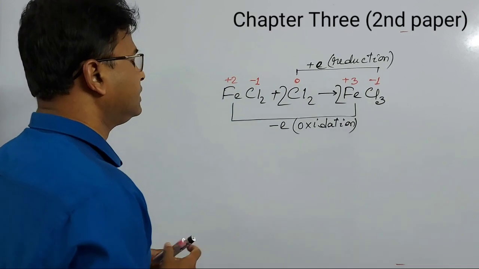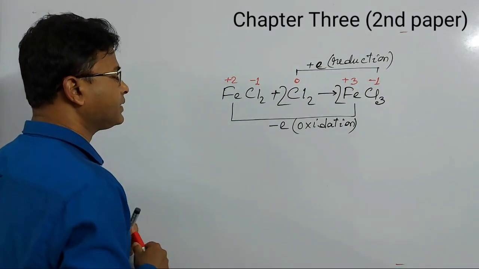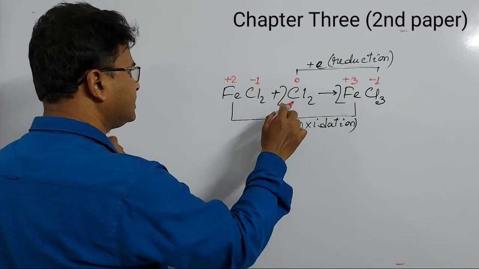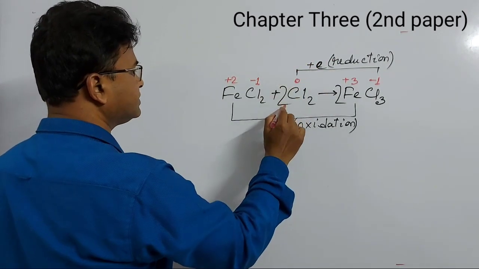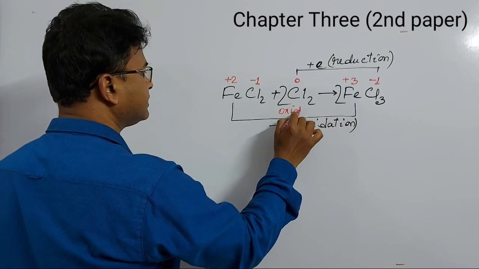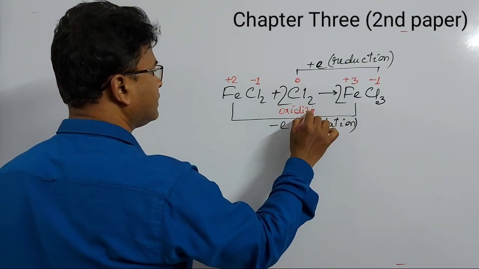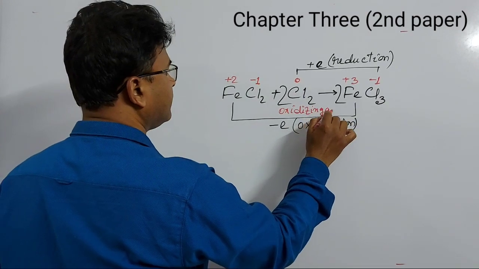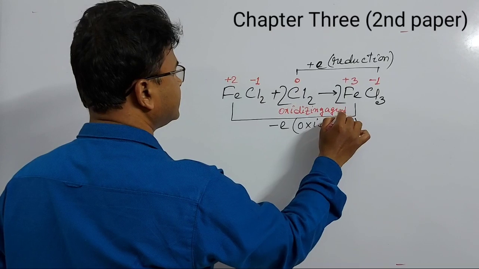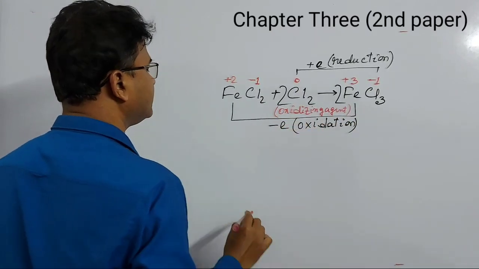And in the reduction reaction, the reactant which accepts electron is known as oxidizing agent, or oxidant.